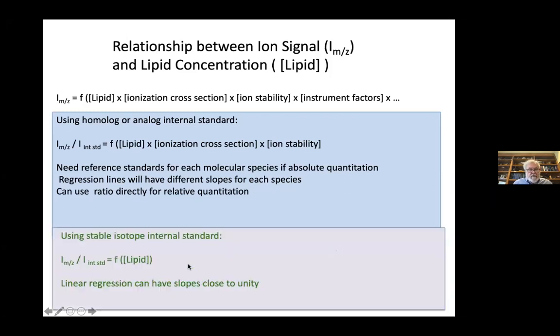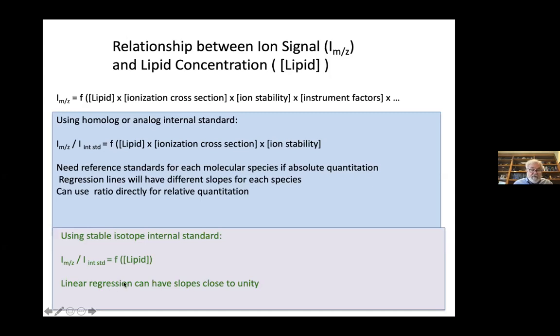And if you use a stable isotope internal standard, and this is what we've always used for measuring icosanoids, you get a perfect relationship and eliminate the problem of ionization cross-section and ion stability. And so the concentration of lipid is very nicely related to the ratio of the measured mass to charge of the analyte and internal standard.